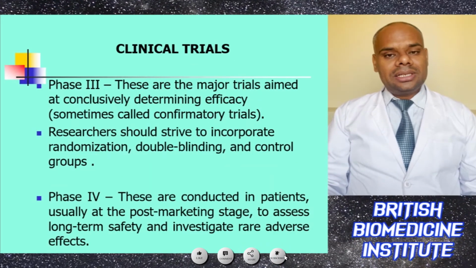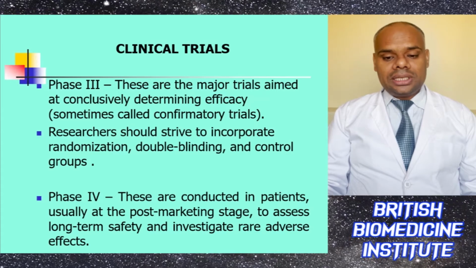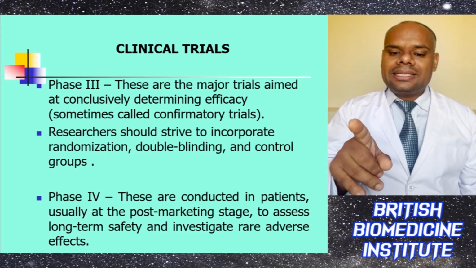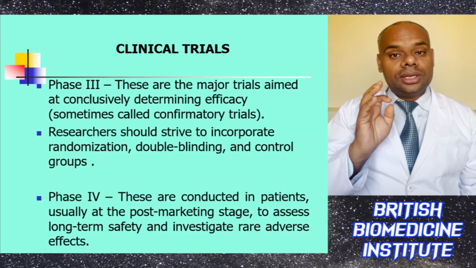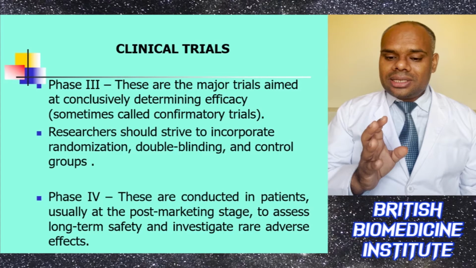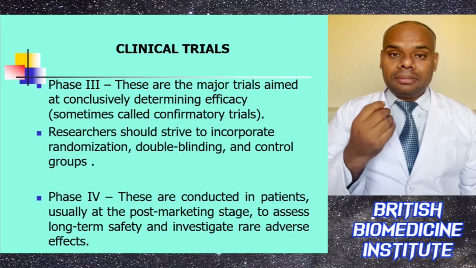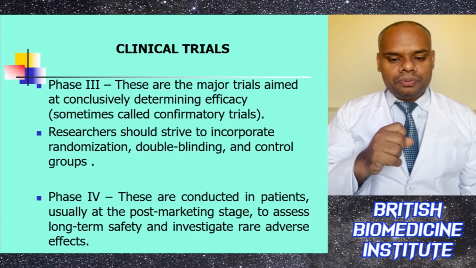Phase 3 trials are basically the major trials which aim at determining the efficacy, and they are also known as confirmatory trials. The researchers strive to incorporate randomization, double blinding and control group.